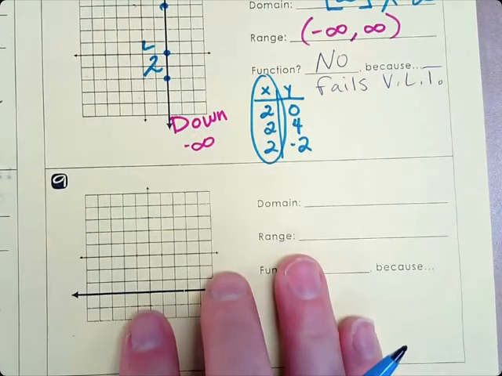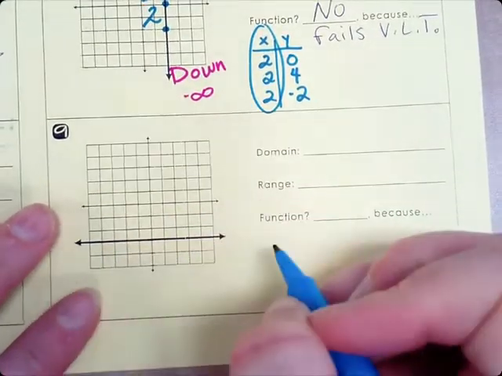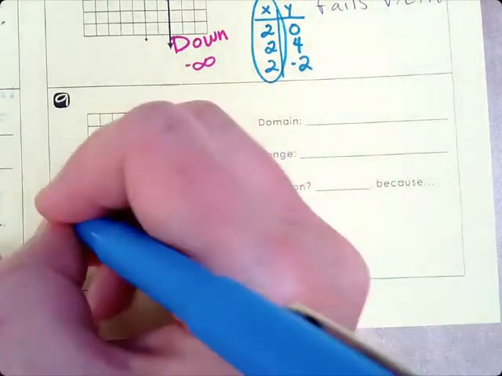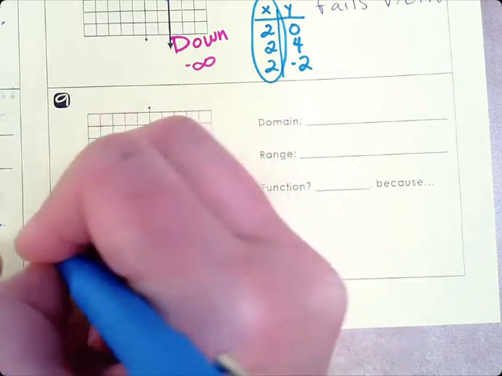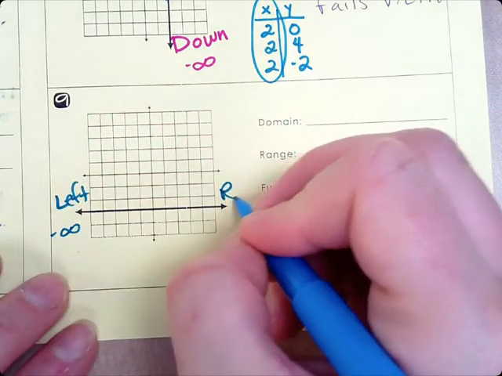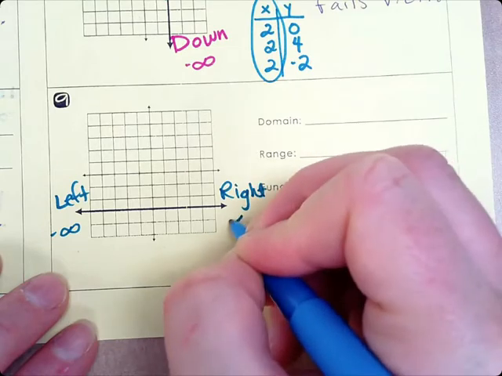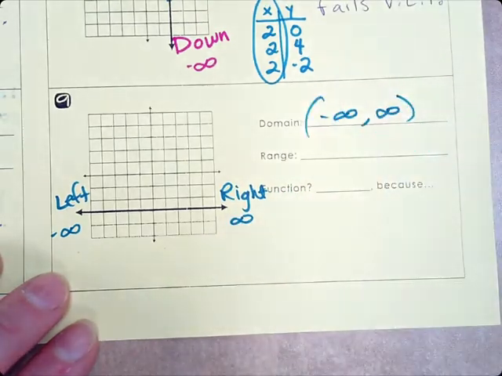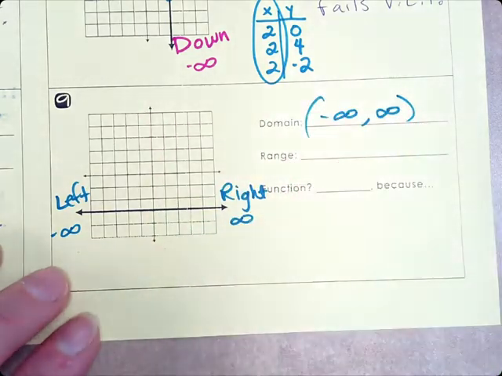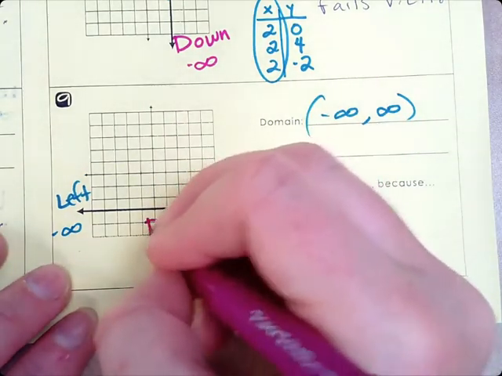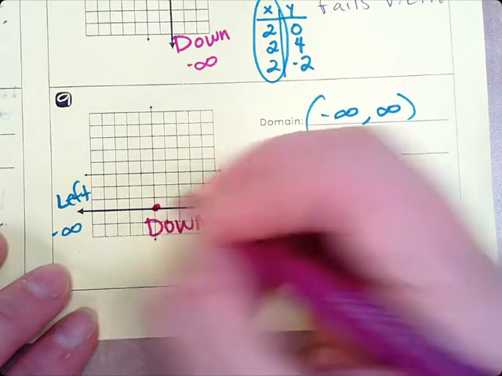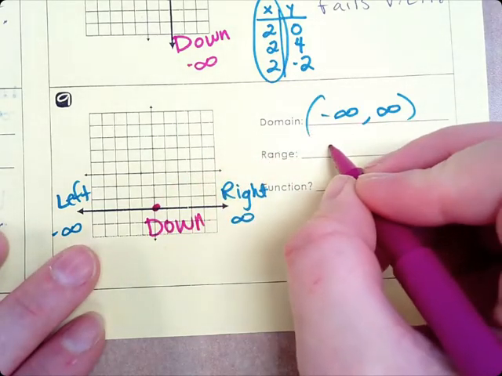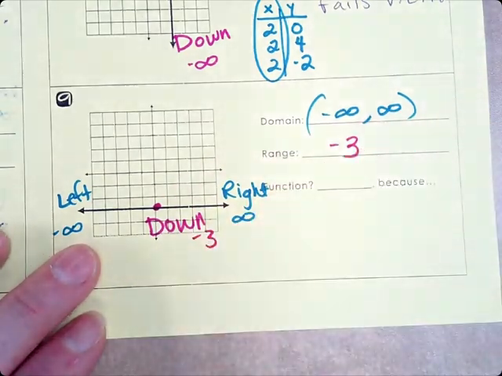Okay, the last one is a horizontal line this time. So how far left? And how far right? And then our range is how far up and down. It goes down to -3. And it doesn't move. It just stays there.